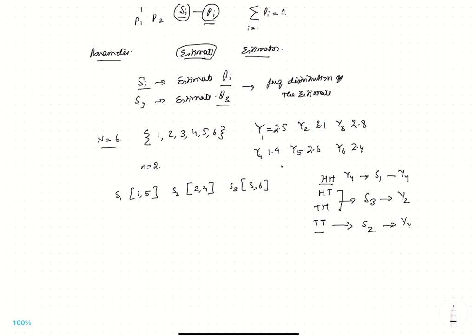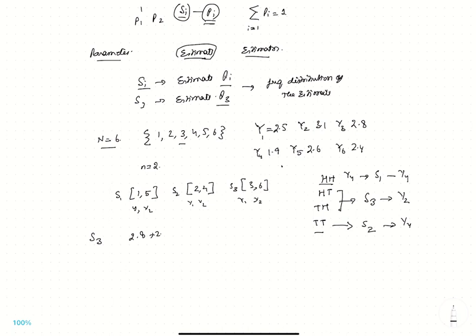So now if we choose S3, then the sample observations are going to be y1 and y2, and for the other samples also y1 and y2. If we choose S3, then the sample units are going to be 3 and 6, and for that we know the value of 3 is 2.8 and the value of 6 is 2.4.